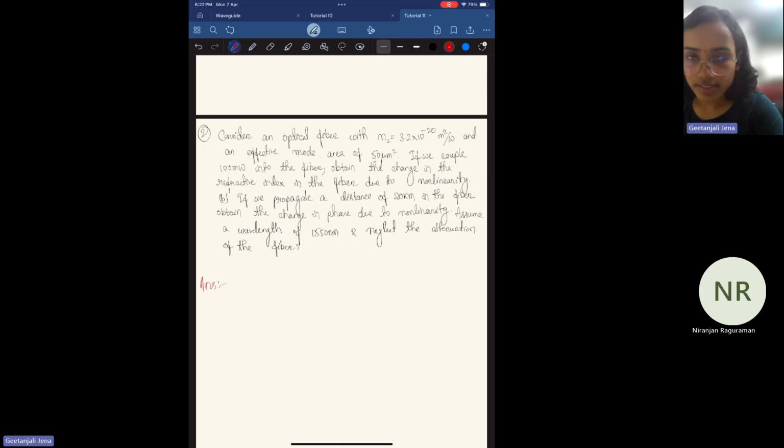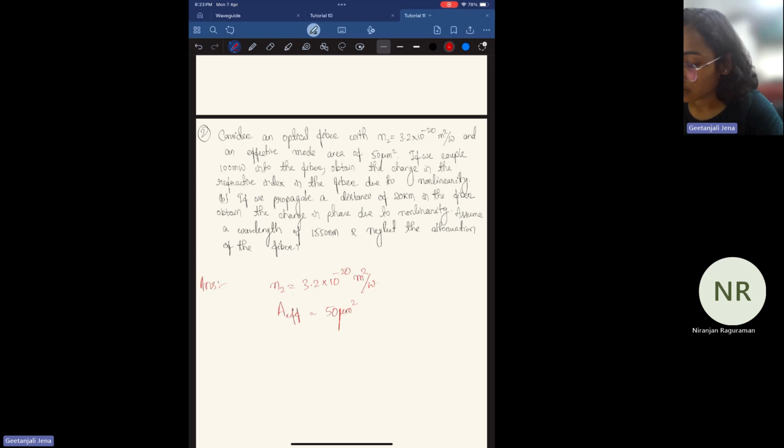It says consider an optical fiber with N2 3.2 into 10 to the minus 20 meter square per watt. So N2 is given to you. And the effective mode area is also given, which is 50 micrometer square.